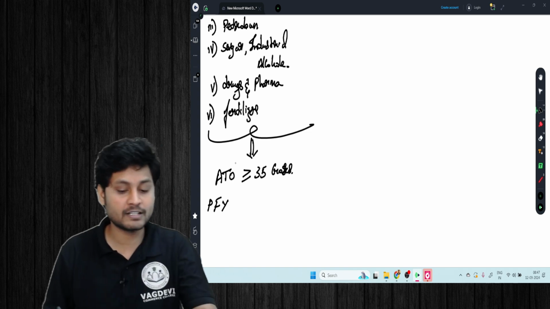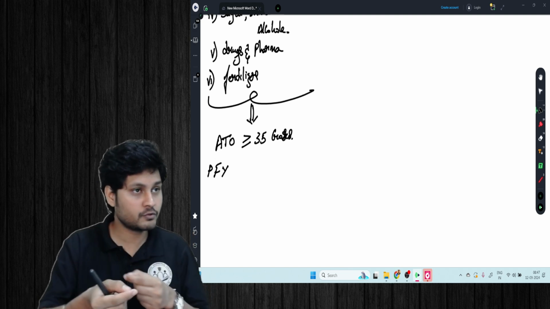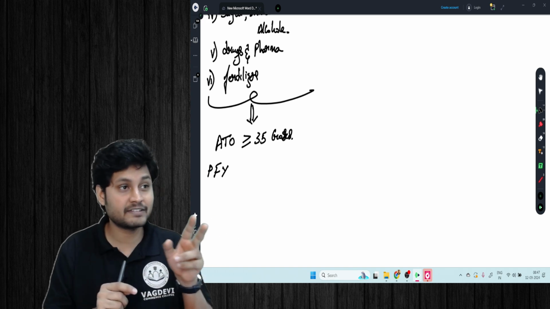And aggregate turnover includes what? Both production of goods and providing services. So what is not included? Trading activity is not included.